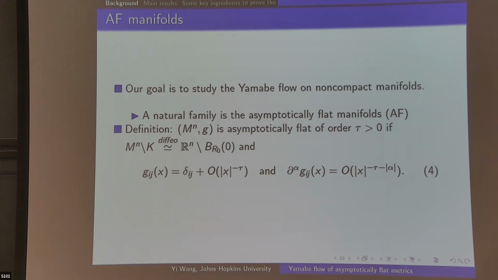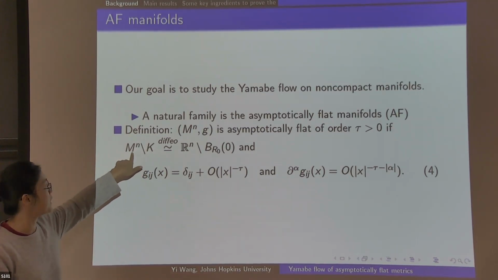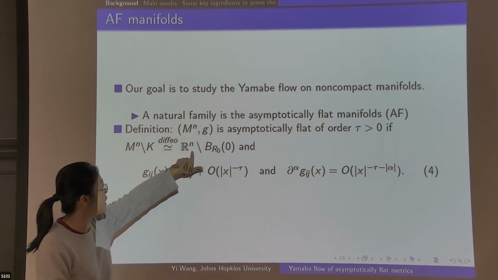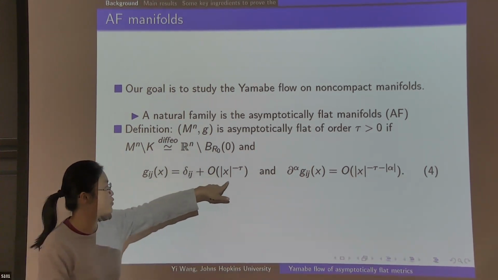The definition is very easy: you have a Riemannian manifold that at infinity is diffeomorphic to Euclidean space outside of a big ball. We call this the end of the manifold M, and the metric near the end is similar to the Euclidean metric with a certain weight.